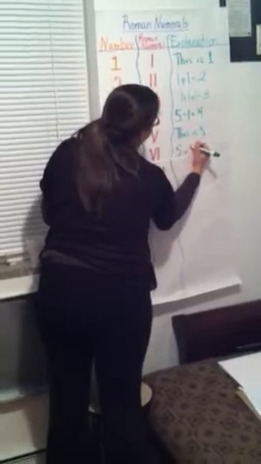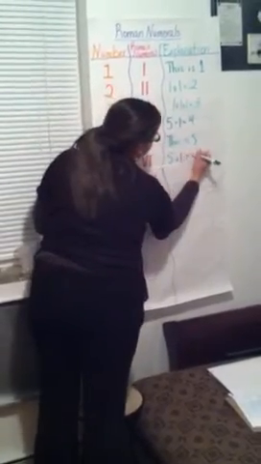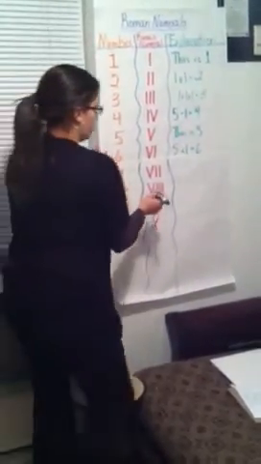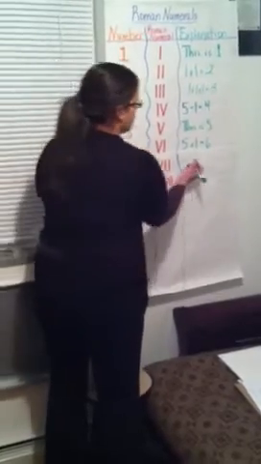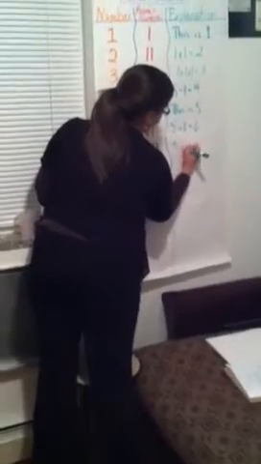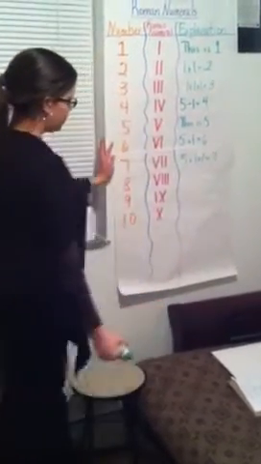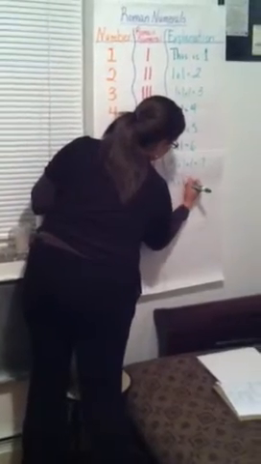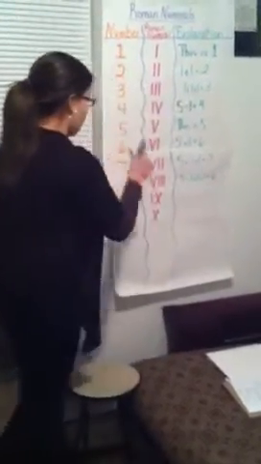They put V plus I, so it's 5 plus 1 equals 6. Good. The same thing for 7. 5 plus 2 I's equals 7. For 8, same thing. They did 5 plus 1 plus 1 plus 1 equals 8.